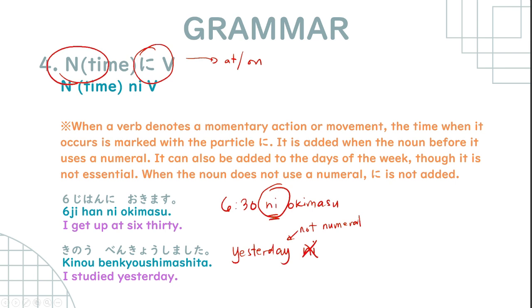For example, we have 9時に勉強します. 9時に勉強します. So ni is specifically used if the noun here is a numeral.